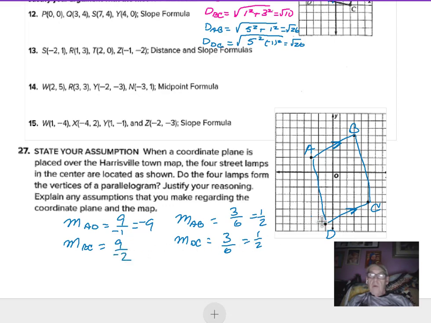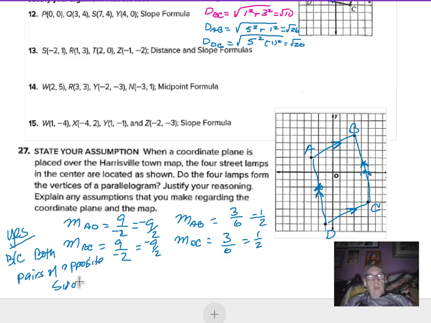Make sure I counted that one right. 1, 2. I count this other one, that's also a -2. So this is a -9/2 slope, and this one here is also -9/2. So almost goofed on that one. But since they have the same slope, these are also parallel to each other, which gives us a parallelogram, because both pairs of opposite sides are parallel.